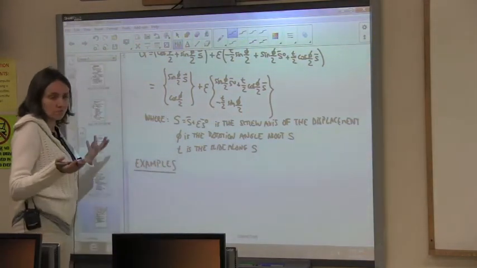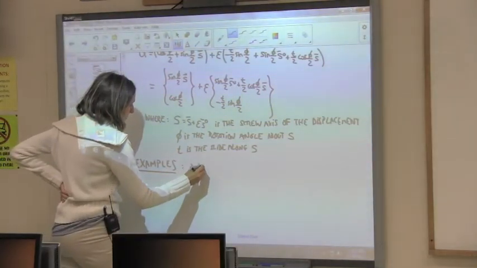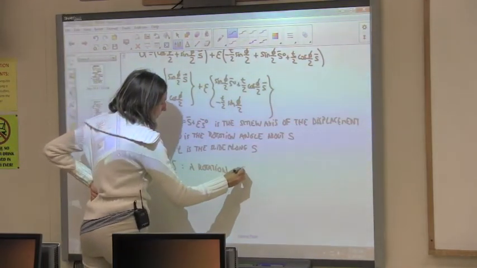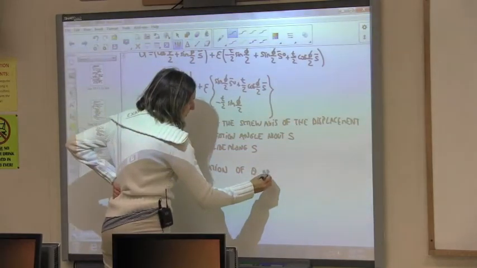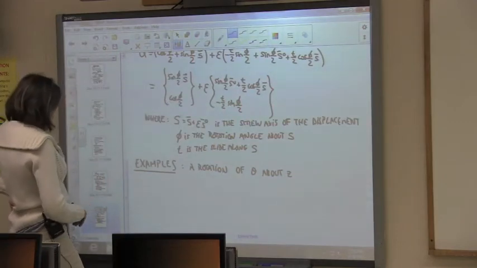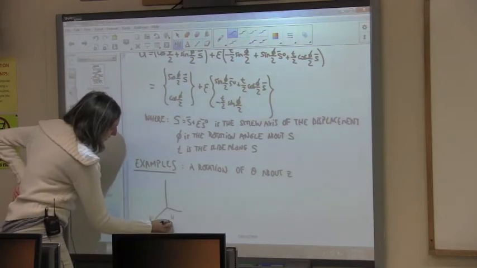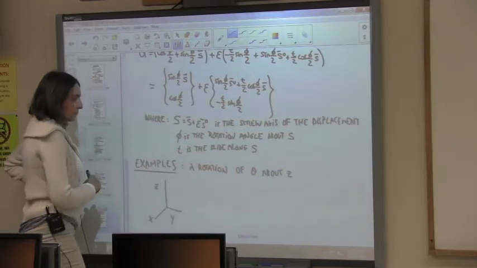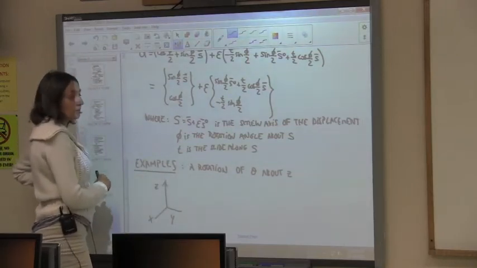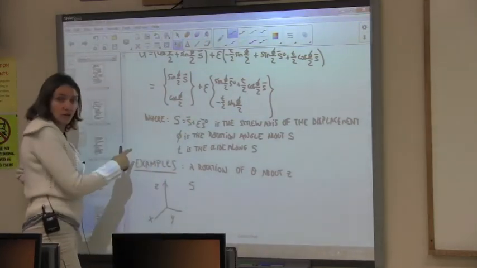Okay, let's just do, I don't know, whatever you guys want. A rotation of angle theta about the z-axis, okay? X, Y, and Z. Our rotation axis in this case will be the z direction, right?